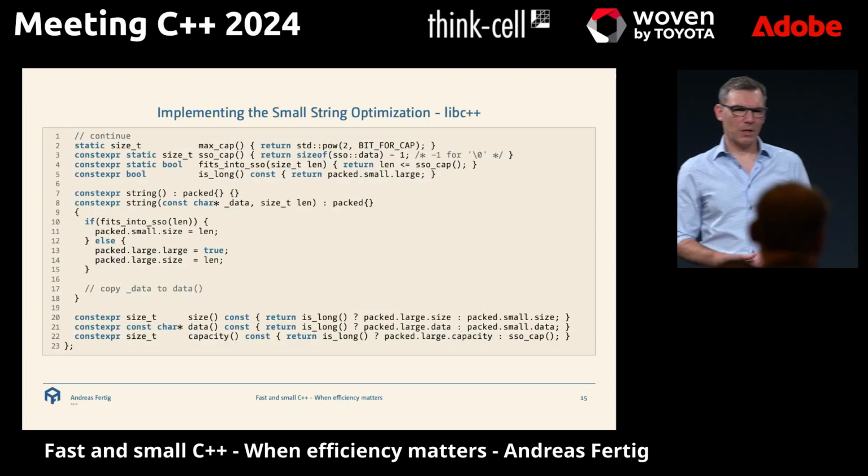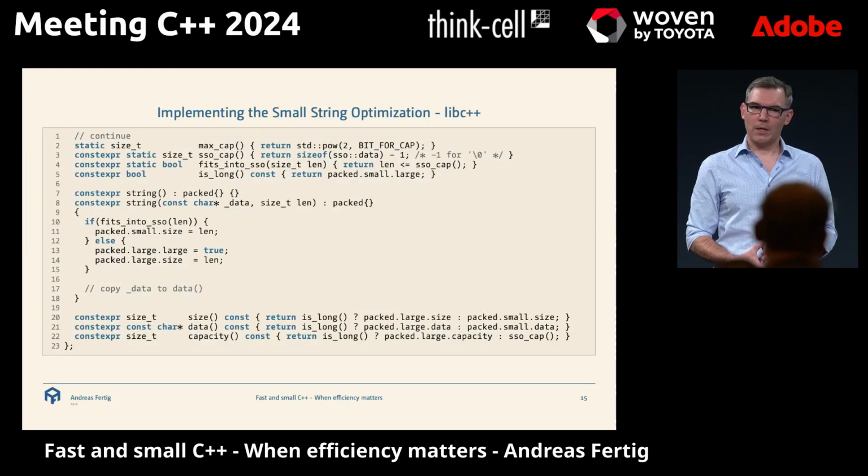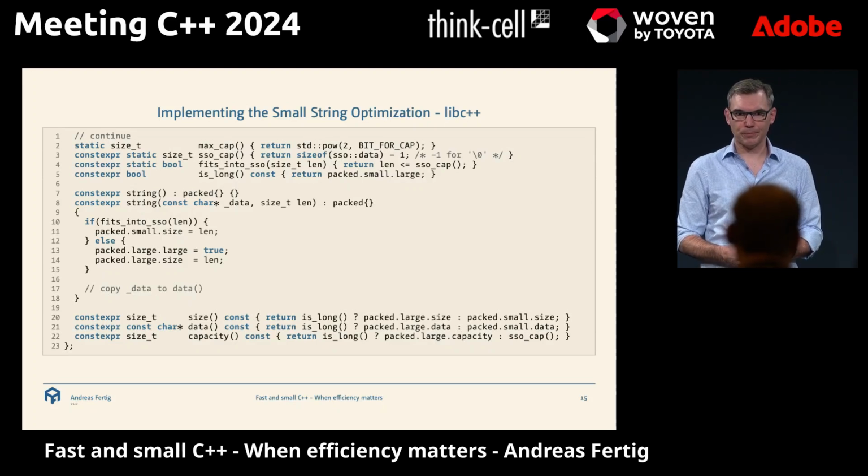Yeah, a vector does not have a small buffer optimization, if I'm correct, because of the iterators, to keep them stable. Clang, in their internal implementation, has something like a small vector, small array, that has stack space behind it. But this is an optimization technique only for std string. Okay, thank you. You're welcome.